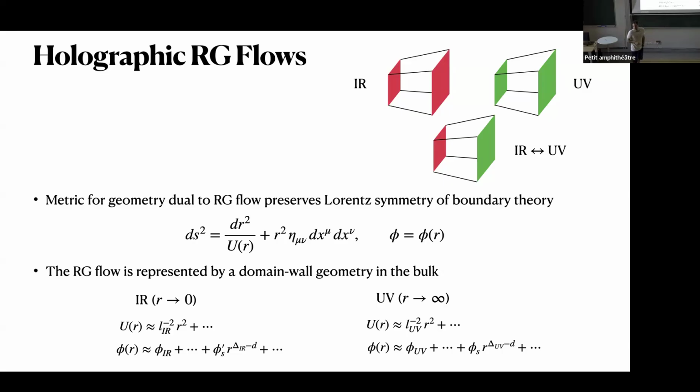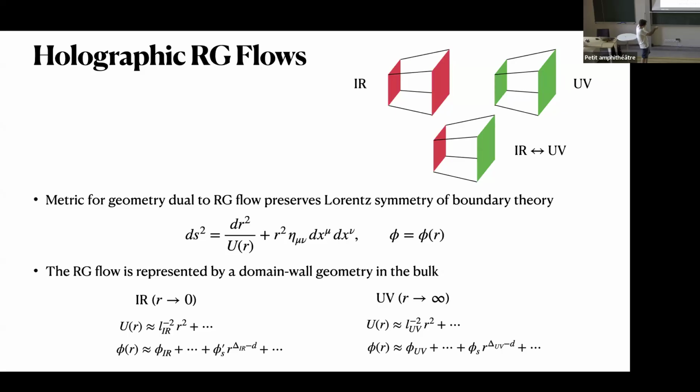I'm not breaking Minkowski. I'm not breaking Lorentz symmetry, so I should keep this part of the metric, and the non-trivial information will be carried by this function U of r. And in order to realize this RG flow, in the small r limit, or in the infrared limit, U of r should take this form.